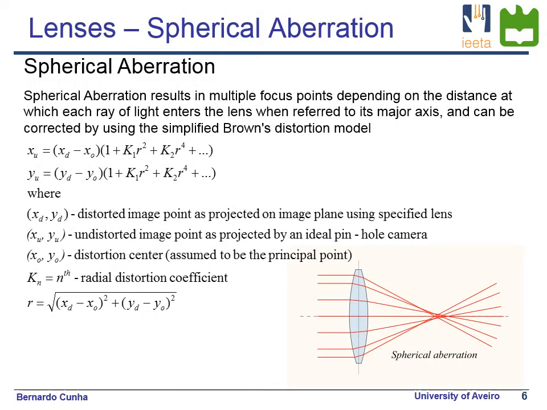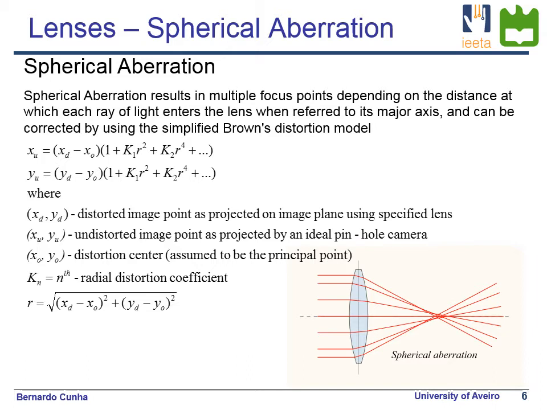I don't want to go into many details on this slide, but you can see here on this image what happens when you have spherical aberration due to the wrong shape of the lens. What happens is that instead of having a single focus point, you have multiple focus points. And this in turn will result, for instance, in a barrel shift spherical aberration.